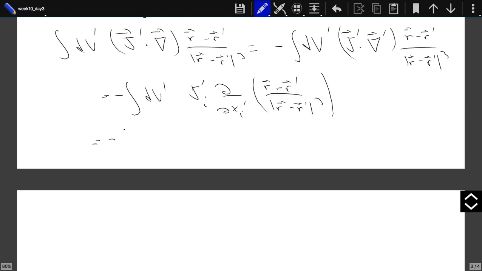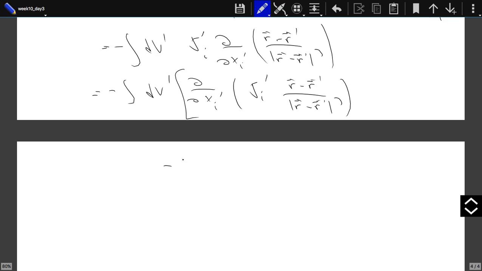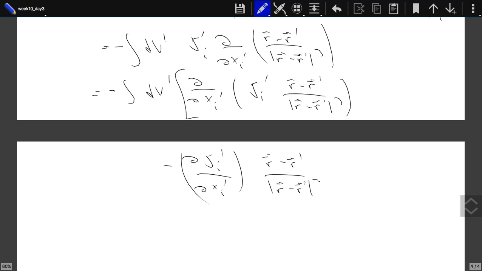This will be equal to minus dv prime del over del xi prime ji prime times r minus r prime over r minus r prime cube, minus del ji prime over del xi prime r minus r prime over r minus r prime cube.